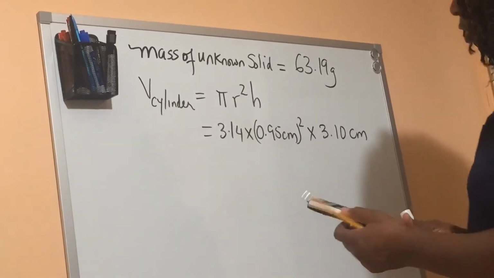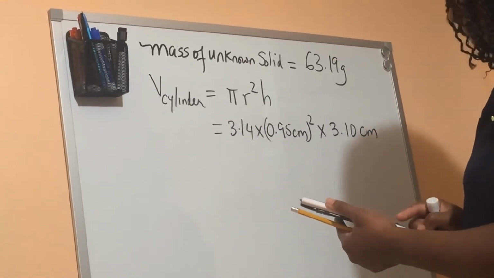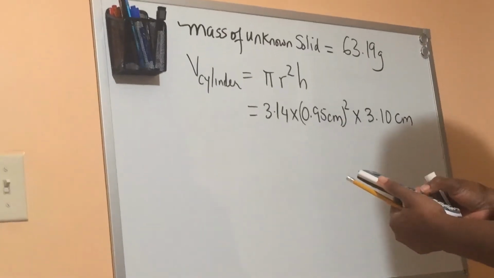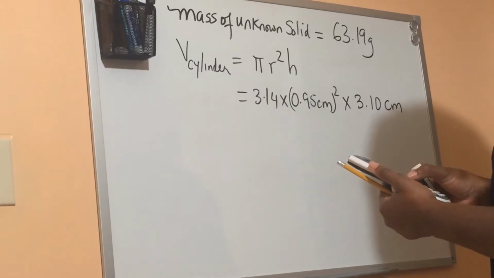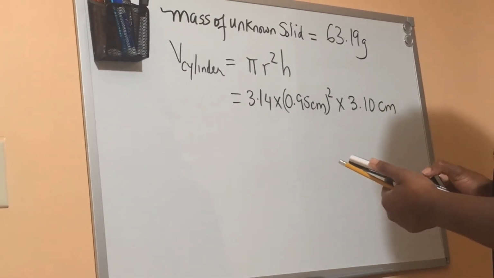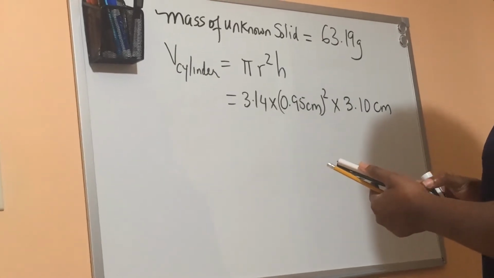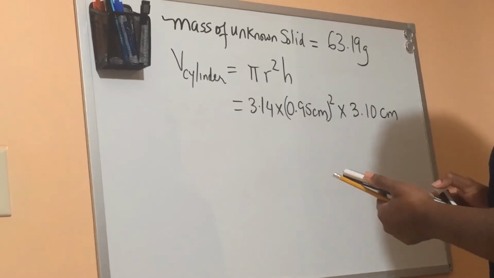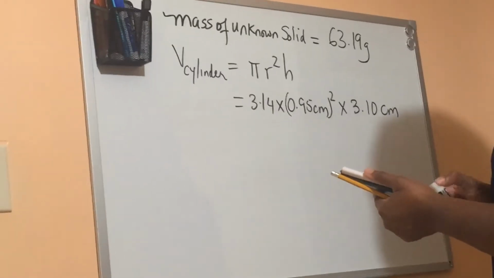So first I'm going to square 0.95. So 0.95 squared, and then I'm going to multiply by 3.14, and then I'll multiply by 3.10.